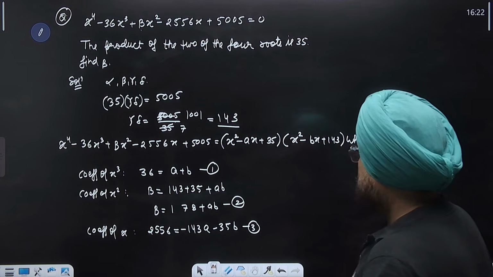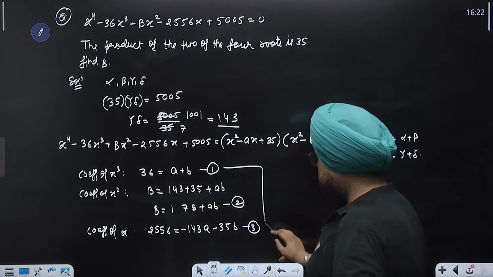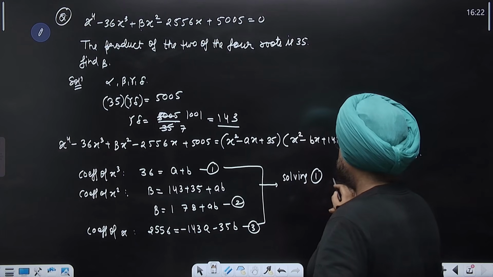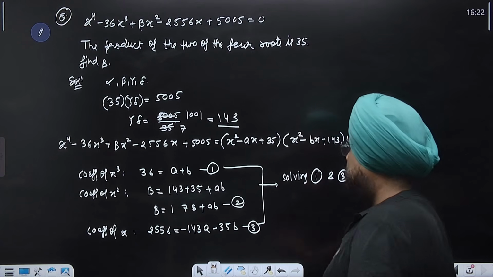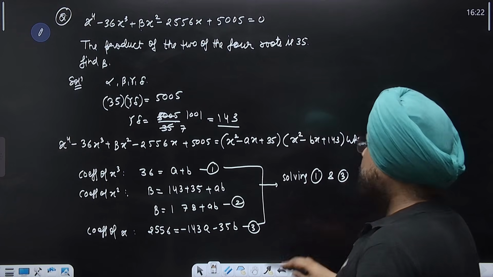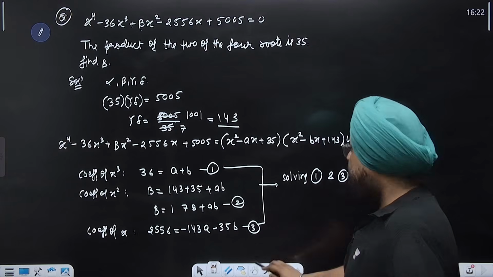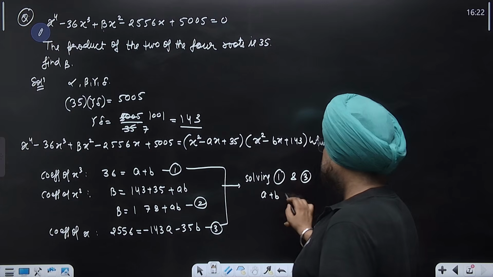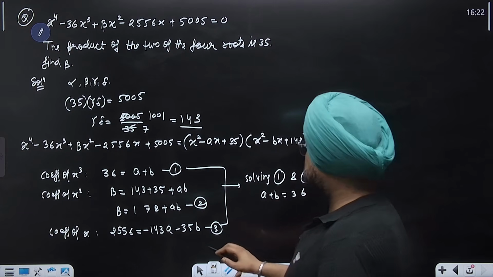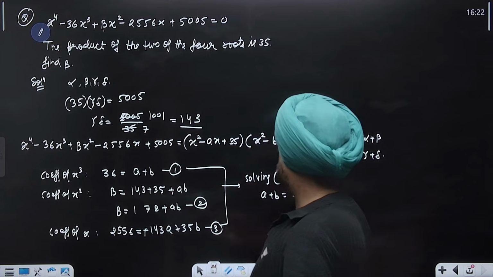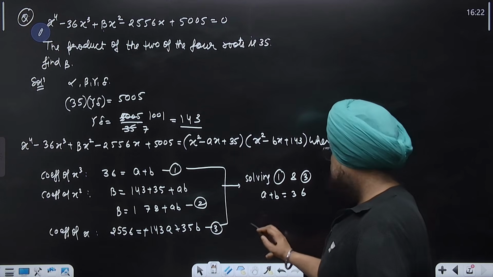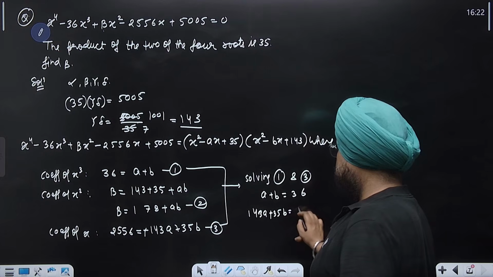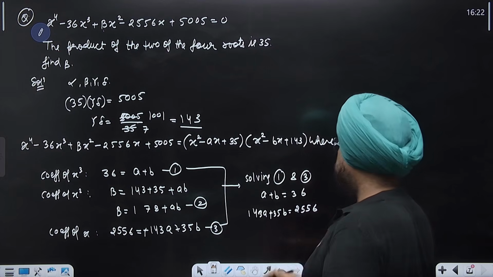Now solving these equations we will get the values of a and b, and we will be able to find the value of B. Let's do it. a plus b equals 36, and 143a plus 35b is equal to 2556.